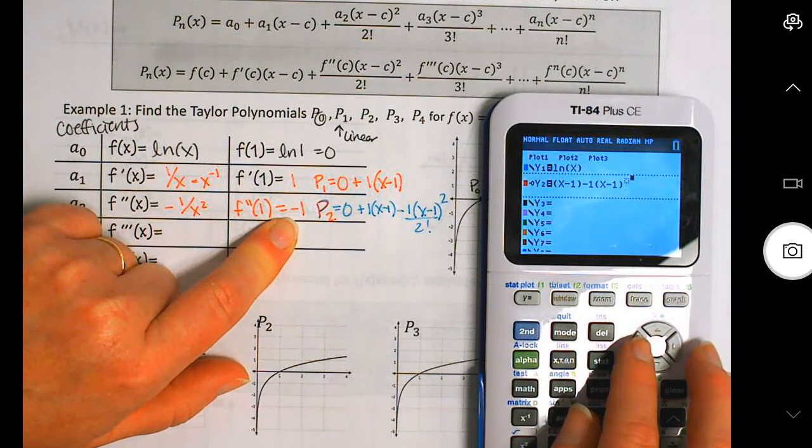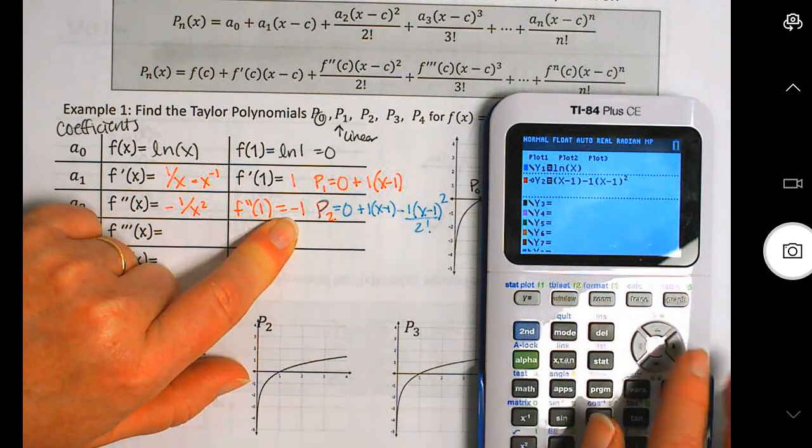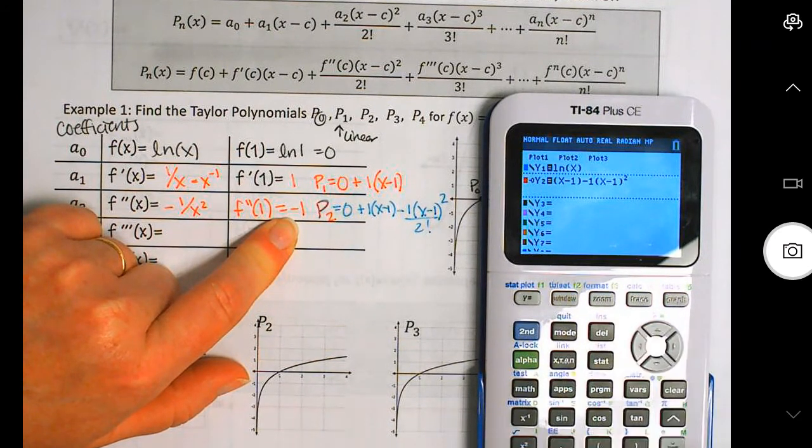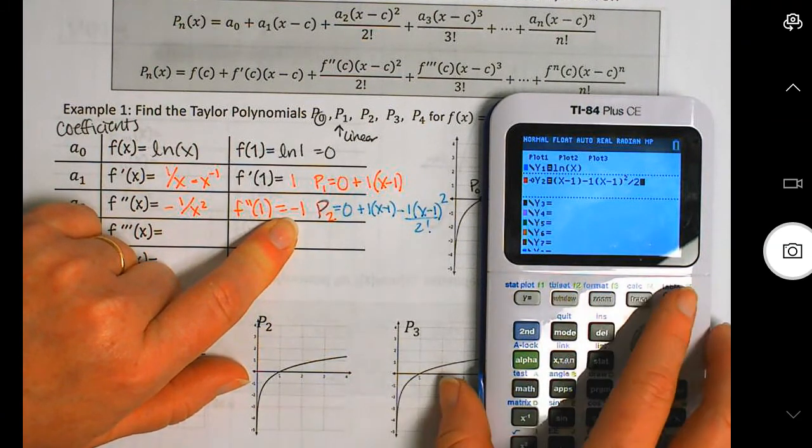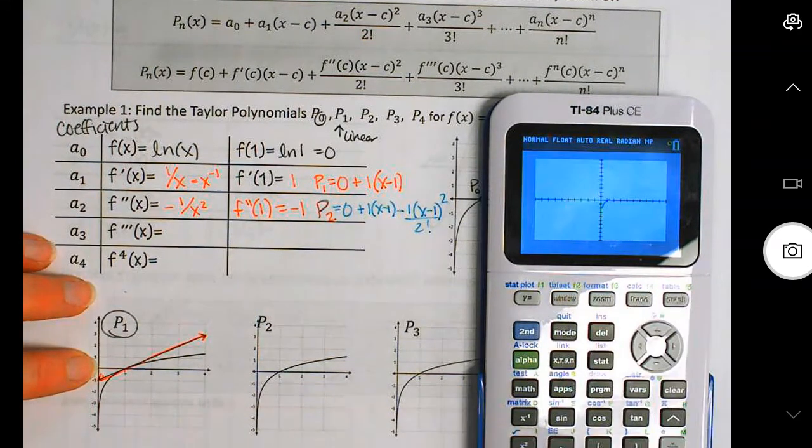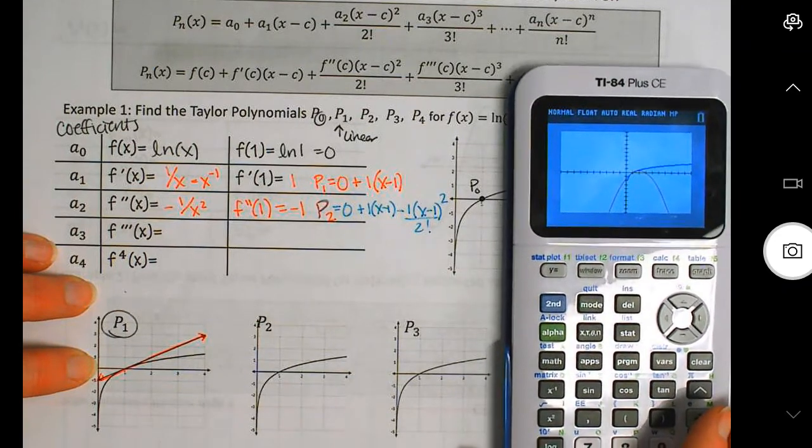That does not work. And then this is divided by 2 factorial, which is hard to put in here, so I'm just going to put 2, because that's 2 times 1. And then graph it from the line to this. It follows it a little bit with a parabola. So this one kind of looks like, can you see it? Is it dark enough?